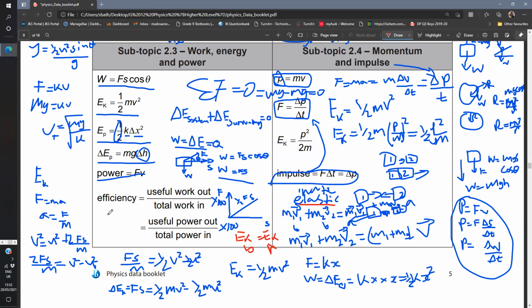For the second one, however, you find EK before separately. You find that number, so let's say that's X. And EK after is going to be, let's say, Y. You're going to find out that X is not equal to Y, and then you say QED, and that's how you prove it.